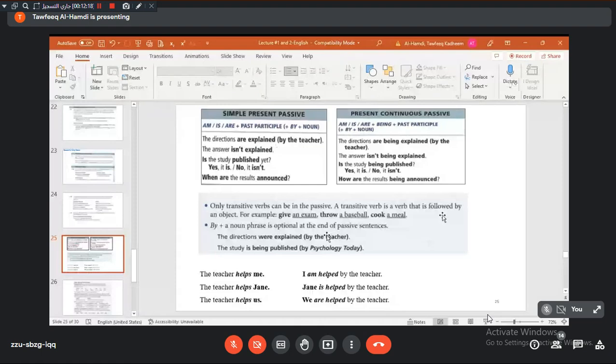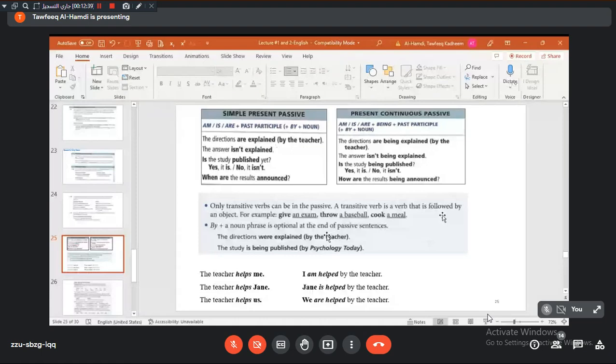You can put by plus a noun phrase at the end of the passive sentence, or you can just omit this by plus noun phrase.